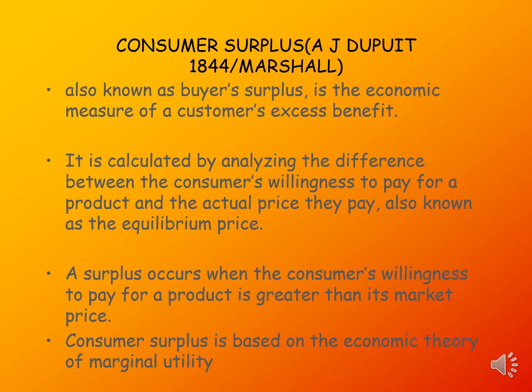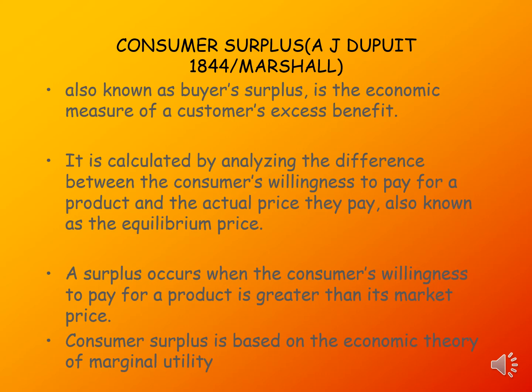That is, if I am willing to pay 20 rupees for a product and I am getting that particular product for 10 rupees, the difference between 20 and 10, that is 10, is called consumer surplus. So, a consumer surplus occurs when consumers' willingness to pay for a product is greater than its market price.